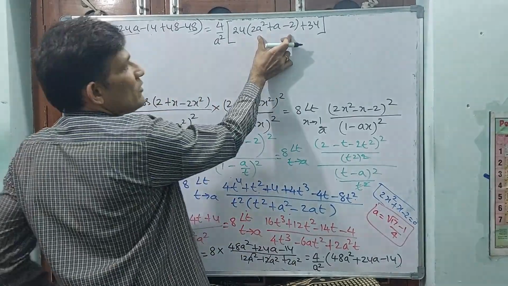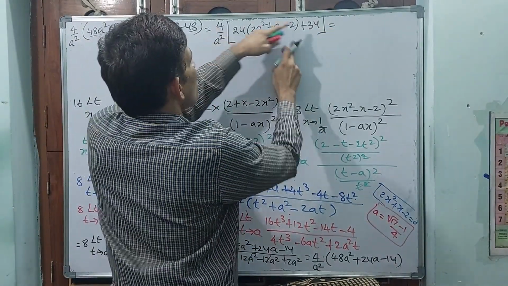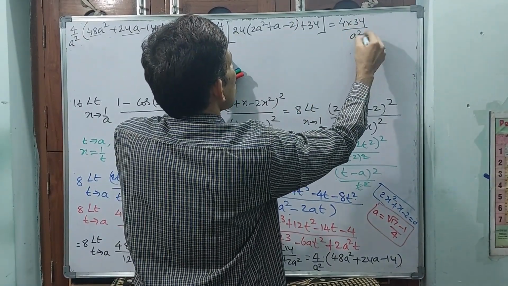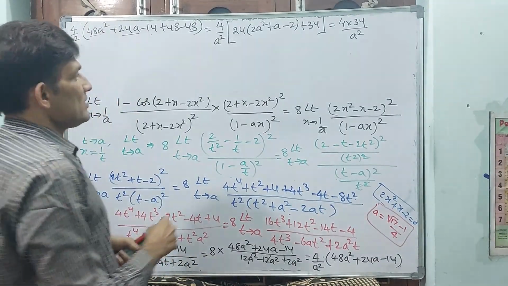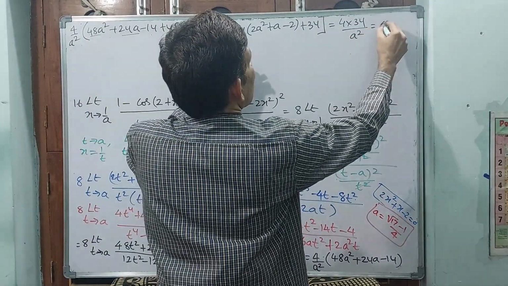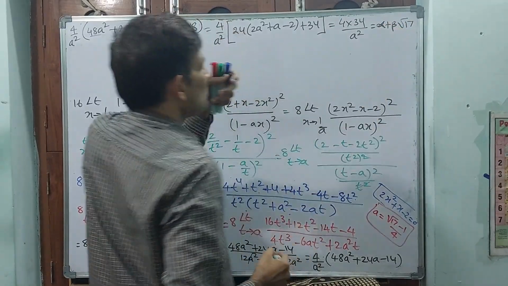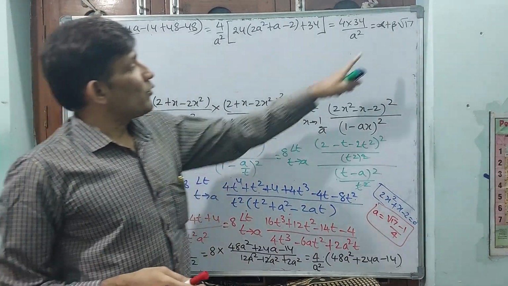Now see, this value is 0. Finally 0 into 24 is 0. That means 4 into 34 by a square. They have given alpha plus beta into root 17. Now see how we are going to equate this. Why?